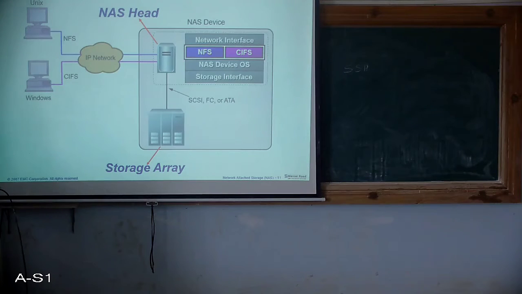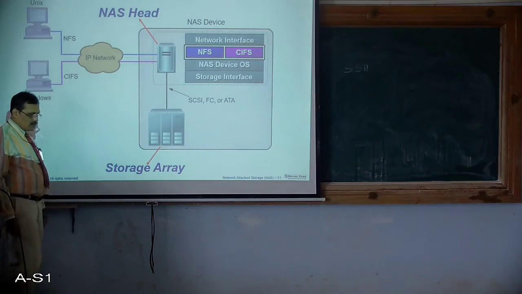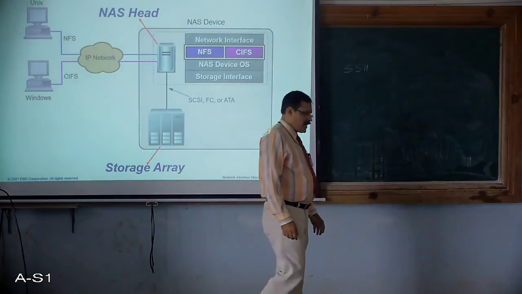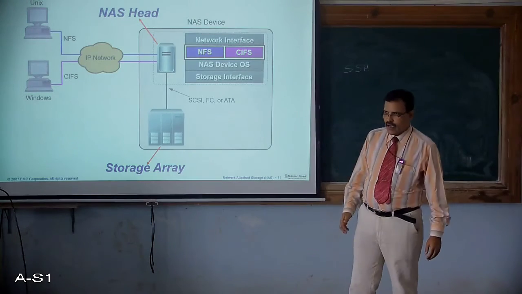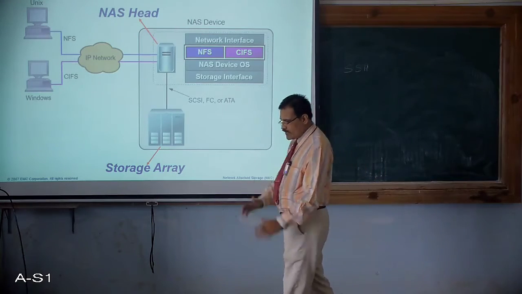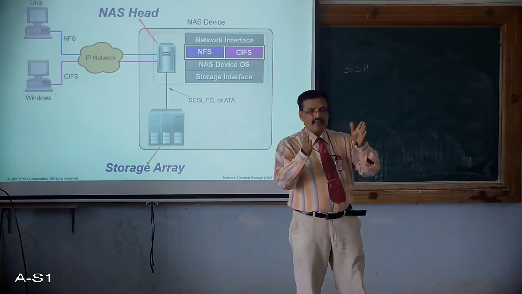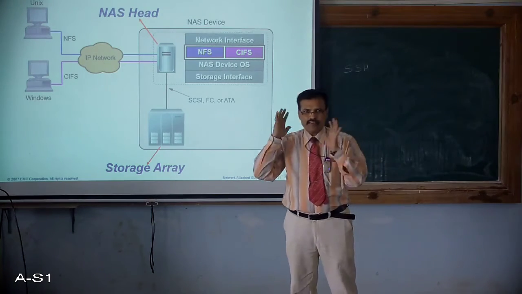So after understanding the file system and network file sharing concept, let us put more light on NAS components. Yesterday, while defining NAS, network attached storage, I told you that this NAS device consists of two components, that is the NAS head and the storage elements.